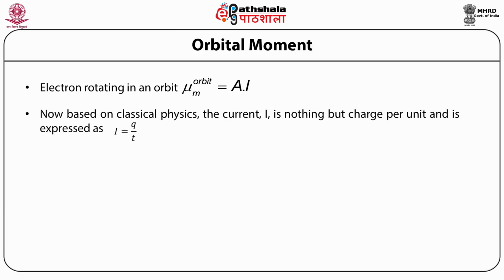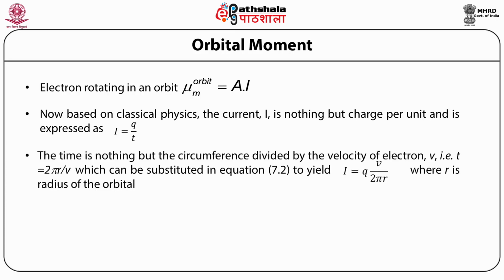Based on classical physics, the current I is nothing but the charge per unit time, and it is expressed as I is equal to q by T. The time is nothing but the circumference divided by the velocity of an electron, v, that is T is equal to 2 pi r by v, which is substituted in the equation for the current to yield I is equal to qv by 2 pi r.